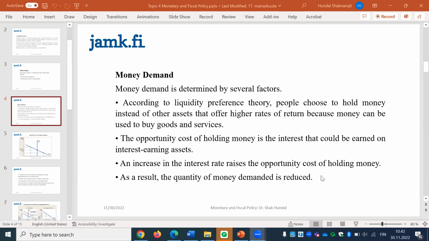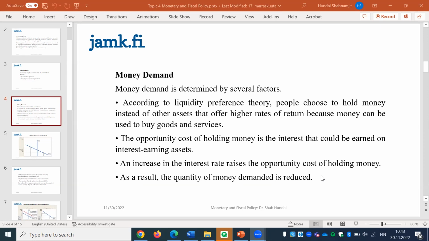The problem happens when the rate of interest keeps increasing: 2%, 3%, 4%. When you want to consume 100 euros today, you take the note out of your wallet and wonder, should I consume or keep this money with the bank, because the bank is giving me 7%, 8% interest?